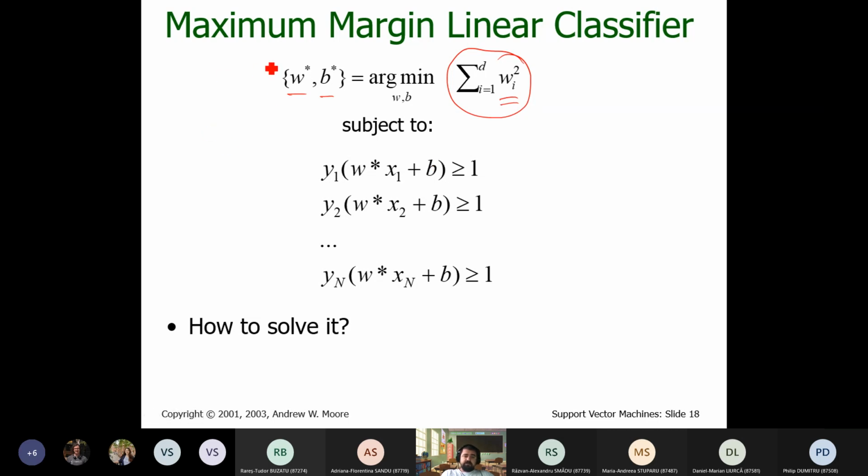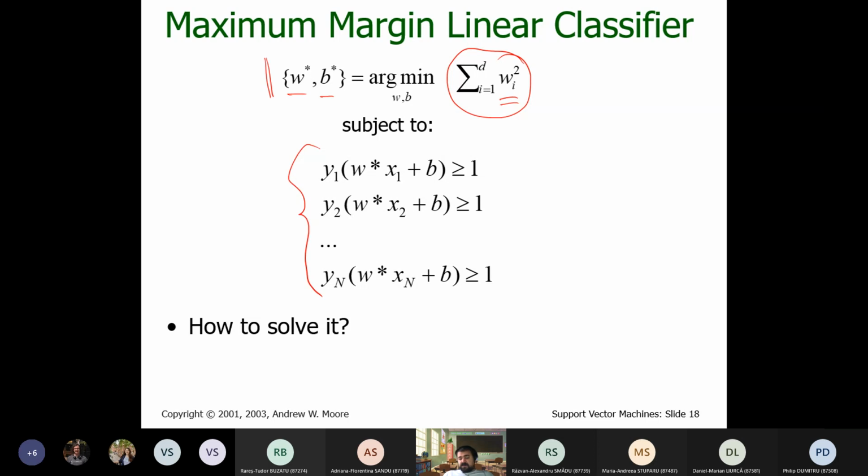So this is the main problem of keeping the norm of w as low as possible, but these are the constraints that are imposed by the data set. So y1 multiplied by (w x1 plus b) to be greater or equal to 1, y2 multiplied by (w x2 plus b) to be greater than 1, and so on, yn multiplied by (w xn plus b) to be greater than 1.